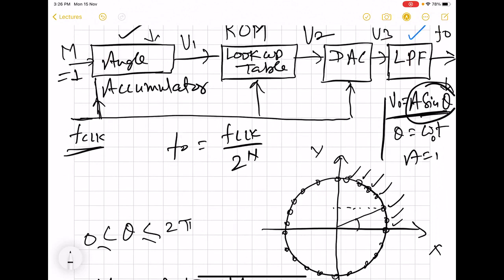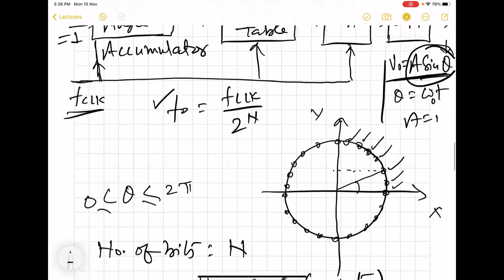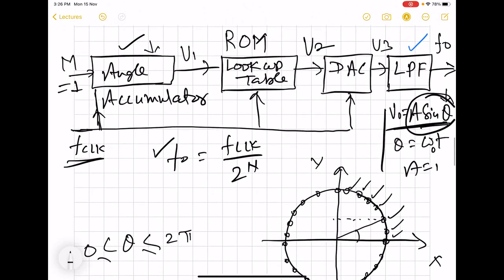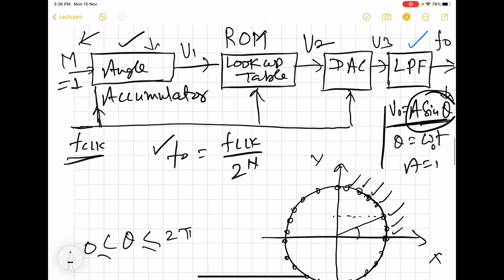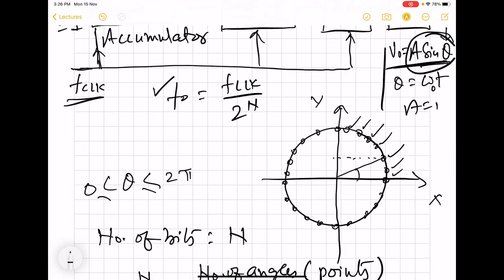Now suppose we want to vary this f naught, then what can we do? We can introduce another parameter, and this parameter is m. What this parameter will do is decide which angles we read out of the 2 raised power n angle informations which are stored.